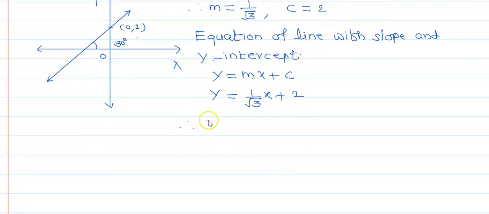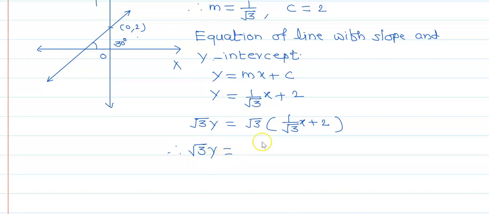Therefore, by multiplying root 3 on both sides, you will get root 3 y is equal to root 3 in bracket 1 upon root 3 x plus 2.